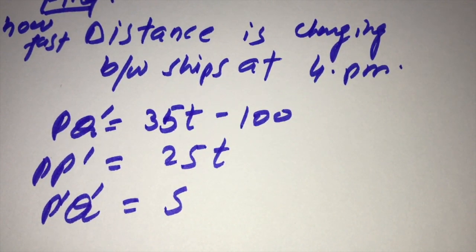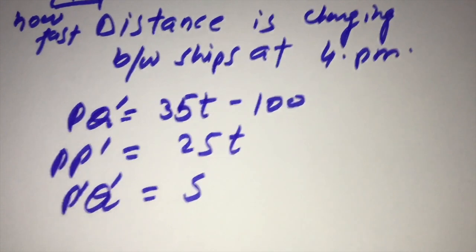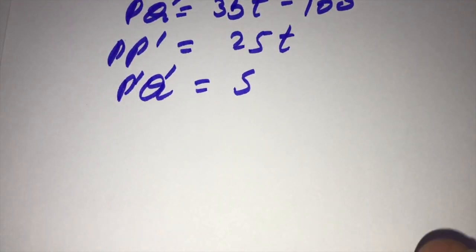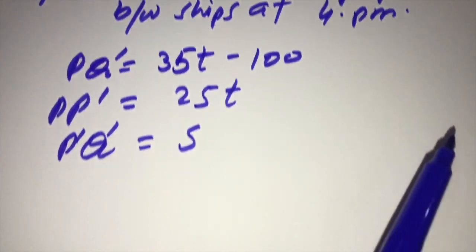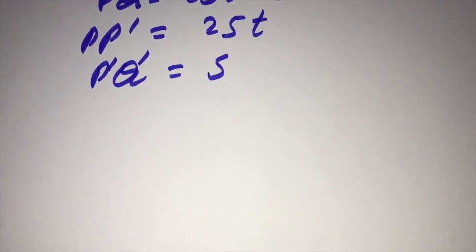First we apply the Pythagoras theorem, because it is a right triangle; here the angle is 90 degrees.